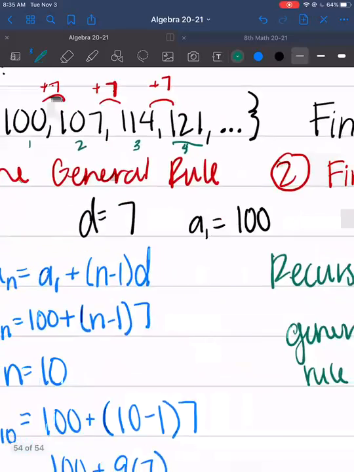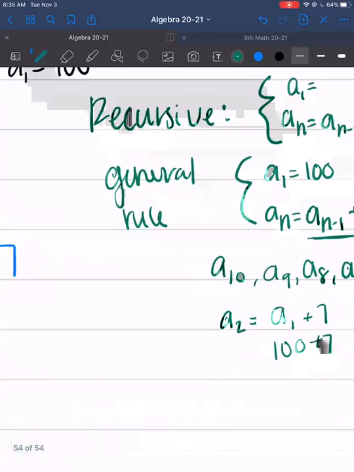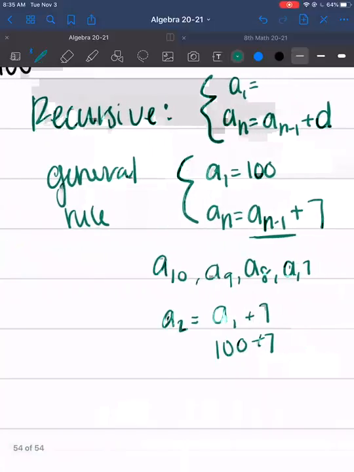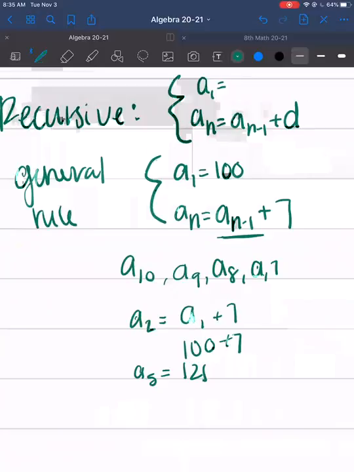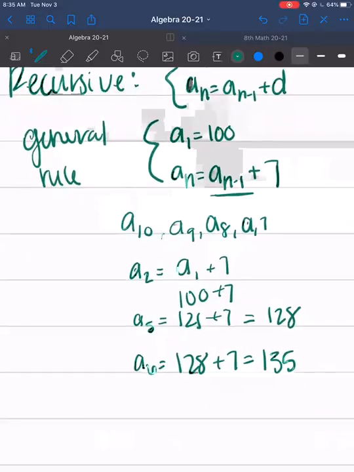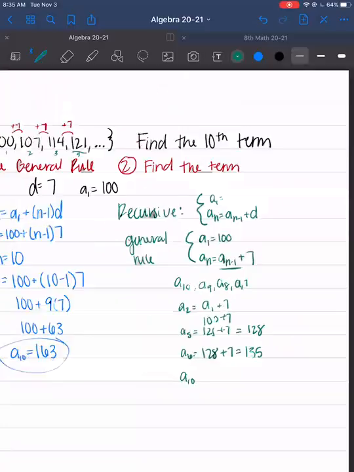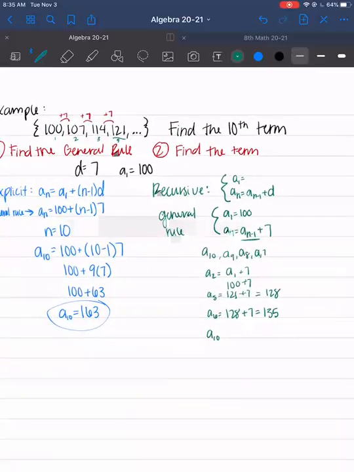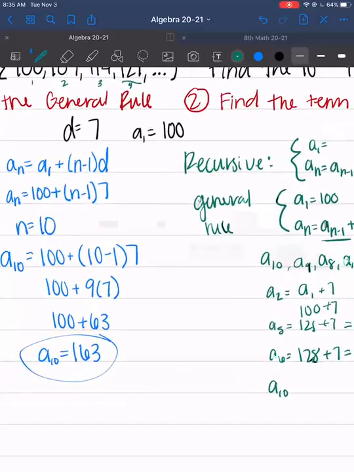So A sub 5 equals 121, our previous value, plus 7, which equals 128. Then A sub 6 equals 128 plus 7, which equals 135. So you would have to do all of the work until you got to A sub 10. Explicit is my favorite. Explicit will easily become your favorite.